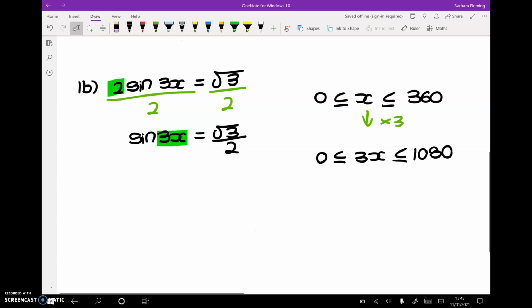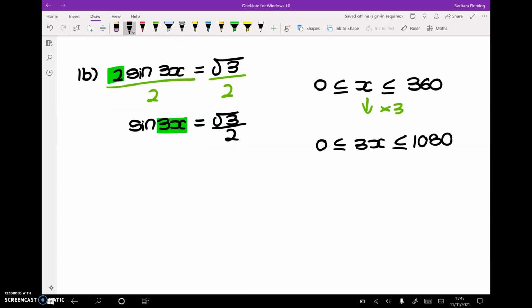Our related acute angle is inverse sine of root 3 over 2. Now you can type this into your calculator, but you should also recognize that that is one of our exact values. And you should get that is 60 degrees, either from just knowing it, or you can use the calculator to support you as well.